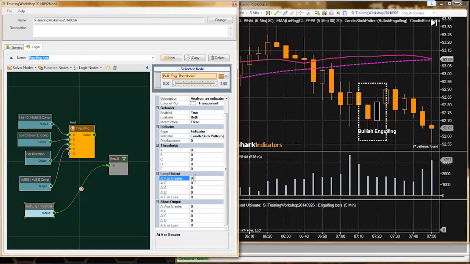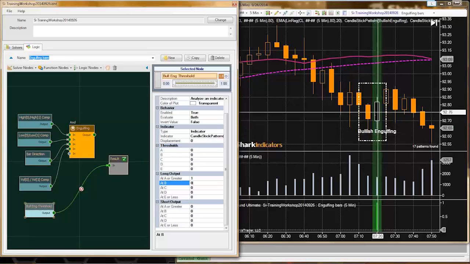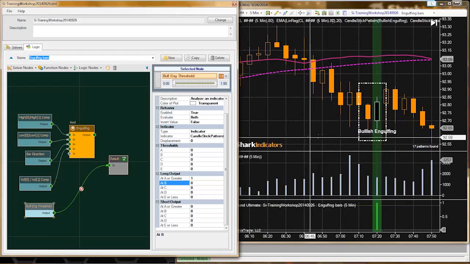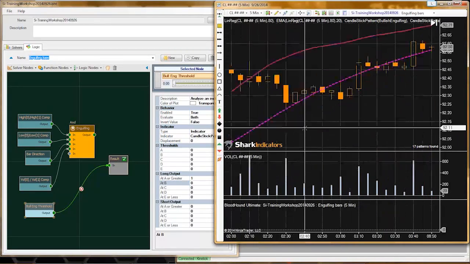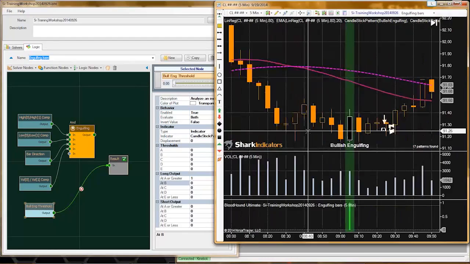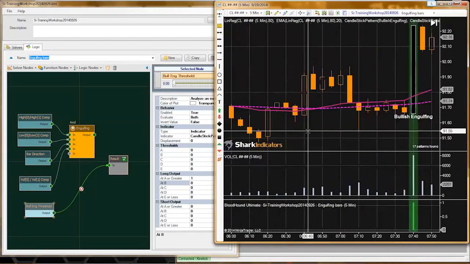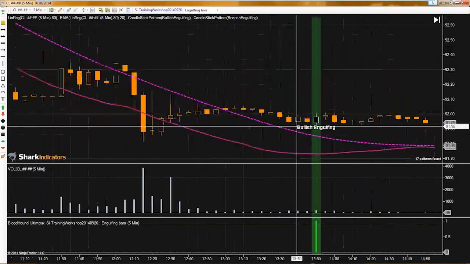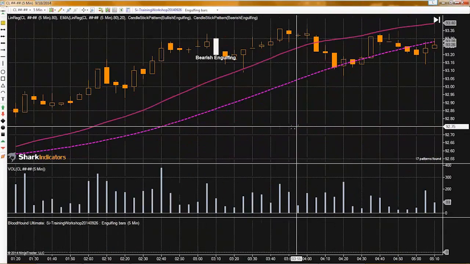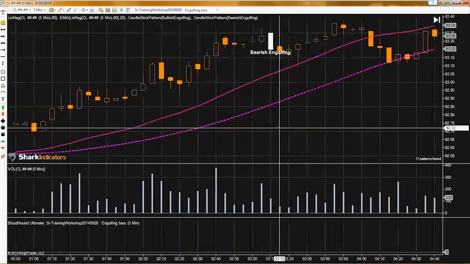So if I just set this at A or greater to 1, we're going to get marked with a long output for a bullish engulfing, like so. Let me scroll through here and see if we can find a bearish engulfing. A bunch of bullish. Here we go, there's a bearish one.